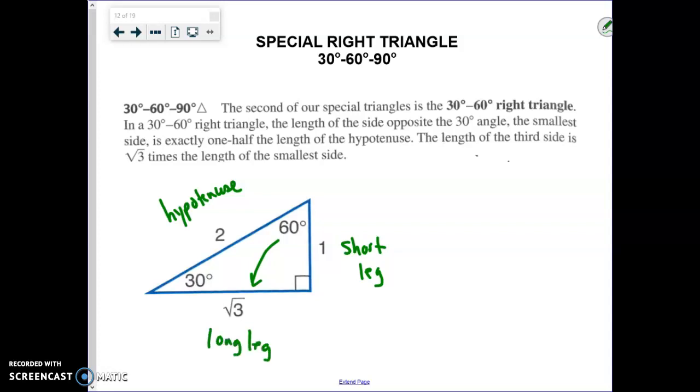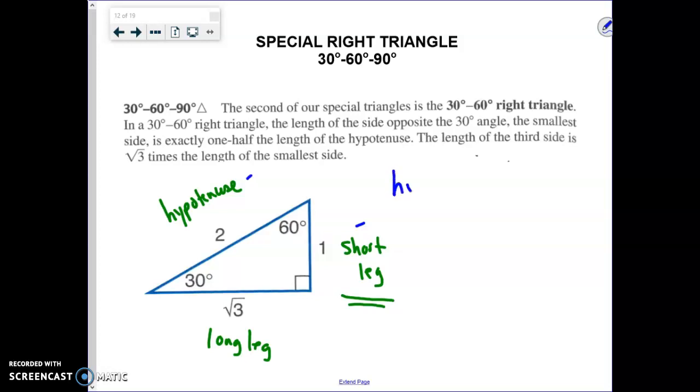Now, there's a relationship between the long leg, the short leg, and the hypotenuse. The short leg is the anchor here. It's the key. Again, I'm going to use some abbreviations: HYP for hypotenuse, SL for short leg, and LL for long leg, just to save us some writing. So let's look at the relationship between the short leg and the hypotenuse.